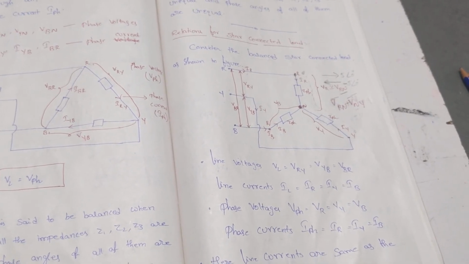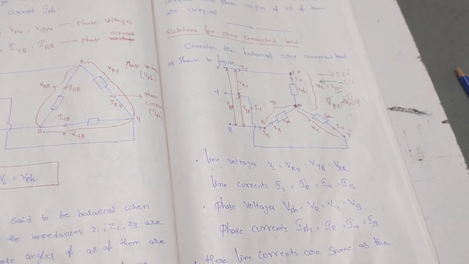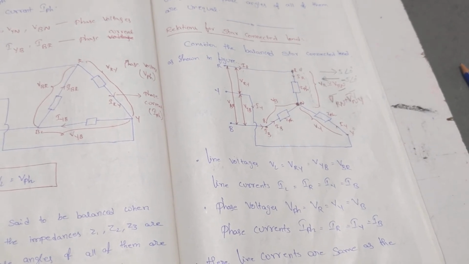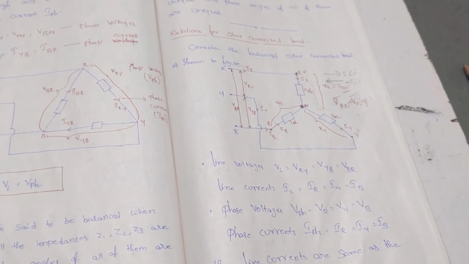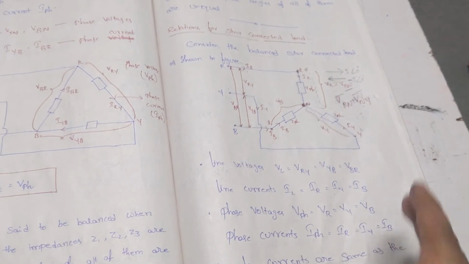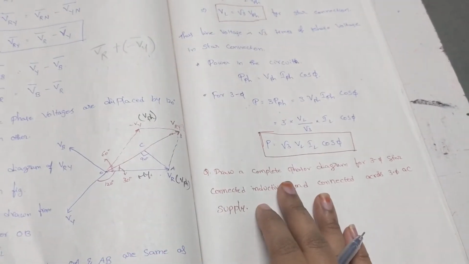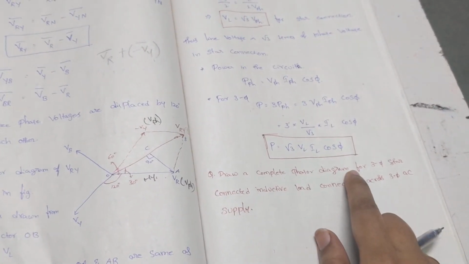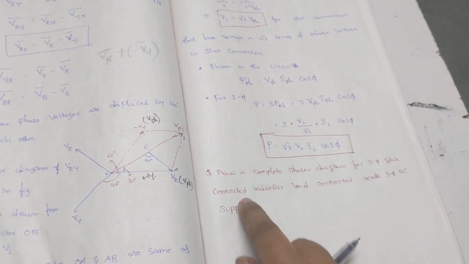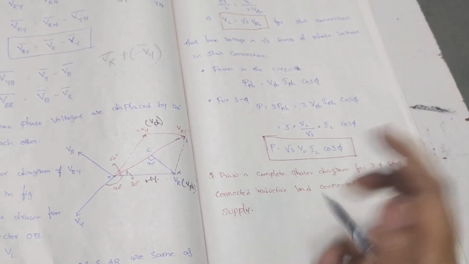If I go for an inductive load, the current is lagging. Similarly, if I go for a capacitor, it should be leading. Now they ask for the complete phasor diagram of a 3-phase star connected inductive load.